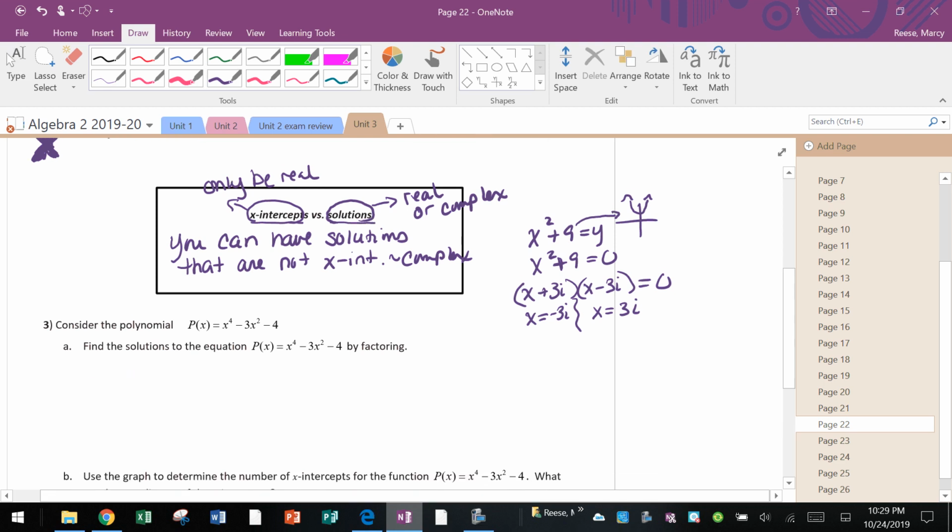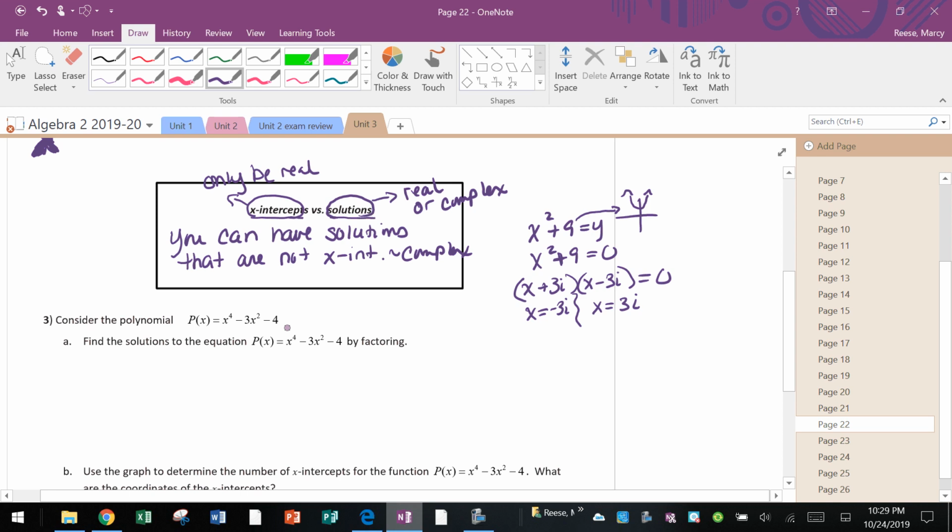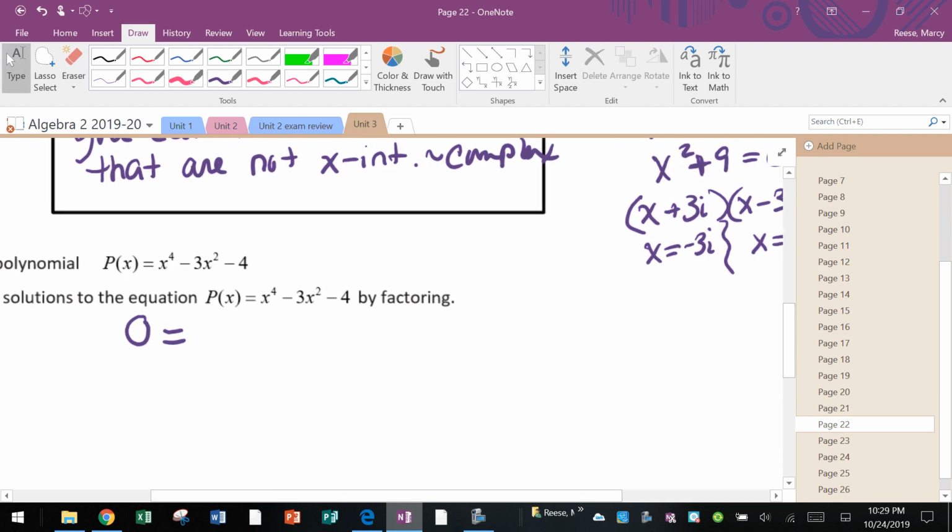So it says consider the polynomial x to the fourth minus 3x squared minus 4. All right, find the solutions by factoring. Okay. So I'm going to set it equal to 0 because that's how we find a solution. Now look at this here, guys. This is a squared, and that is half of that.